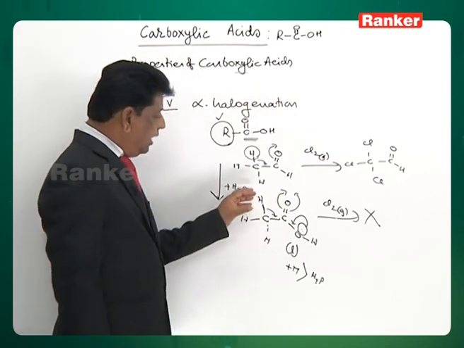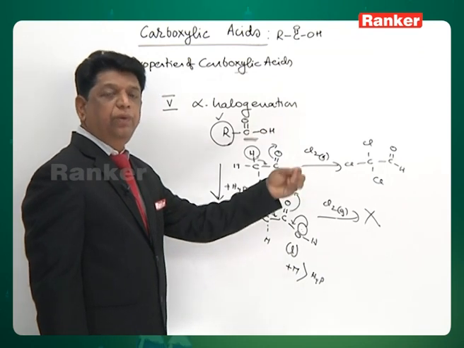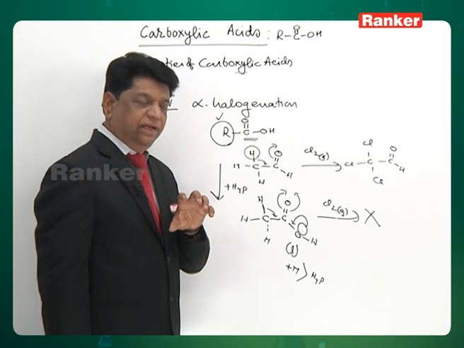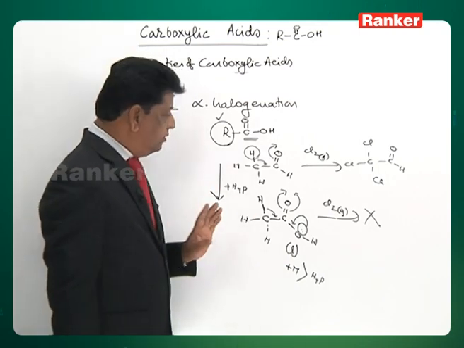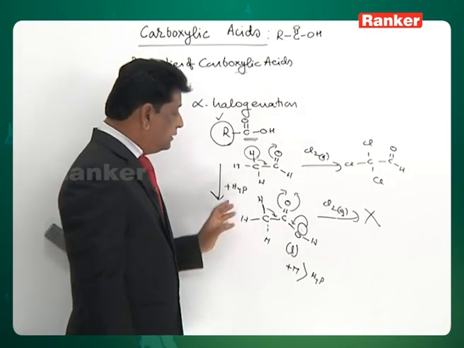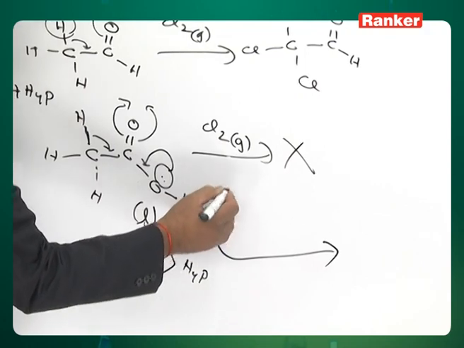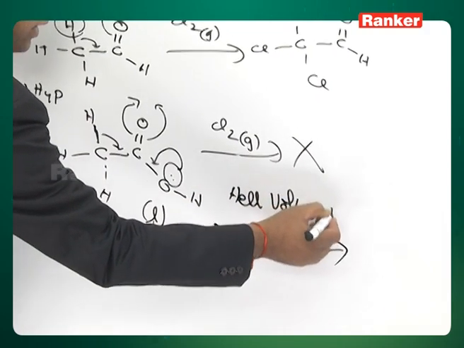But I want an alpha chloroacetic acid, so that I can make alpha amino acid, which is a starting material for the proteins and all that. Therefore, this is a very sensitive and important reaction for me. Somehow I want to get it, but the reaction is not taking place. This was achieved by three scientists called Hell, Volhard, Zelinsky.